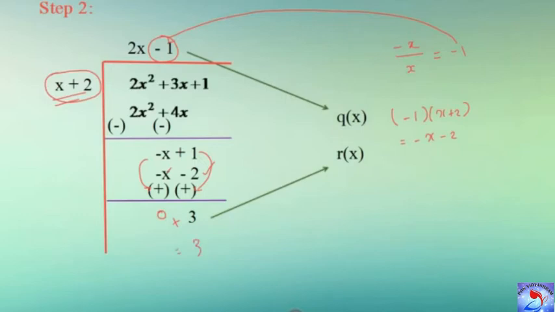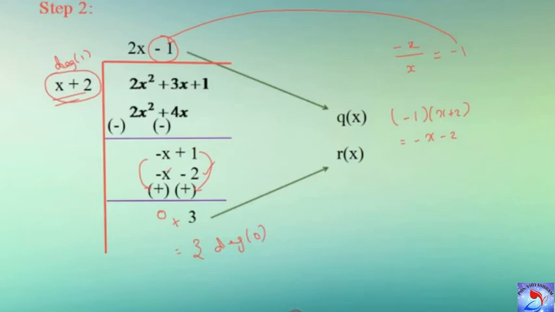Now the question again says, can we stop here or do we have to continue further? This depends upon your divisor. We can see the divisor is a linear polynomial, and the remainder that you've got now is a constant polynomial. The degree of this linear polynomial is 1, and the degree of this remainder is 0.